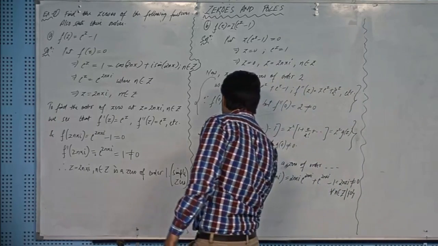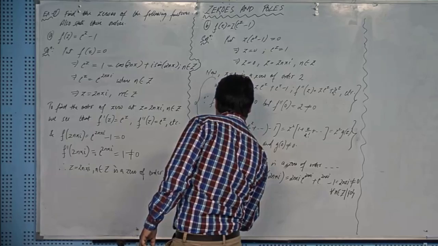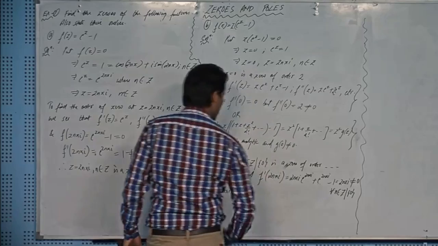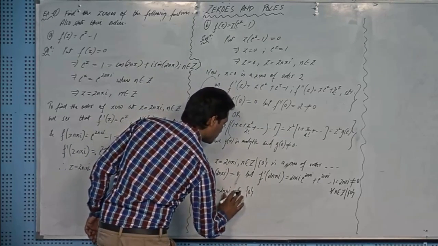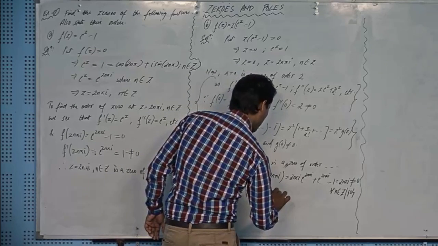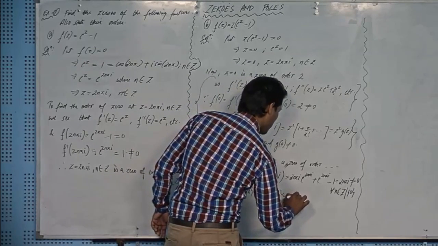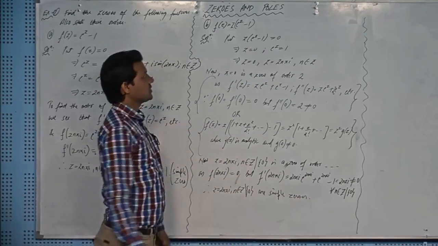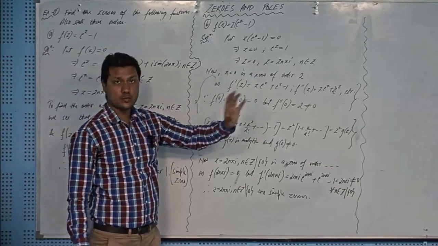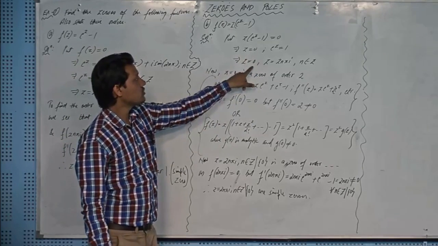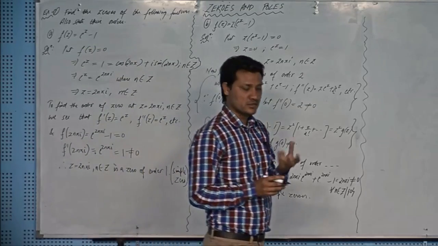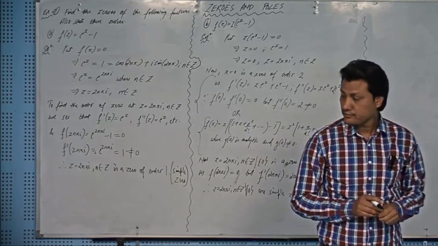Therefore z equal to 2n pi iota, n belonging to Z with 0 deleted, are simple zeros. So in this example we have to treat z equal to 0 separately. Why? Because this 0 is obtained from this function as well as this function. So whenever you have this kind of situation, you treat that 0 separately, right?